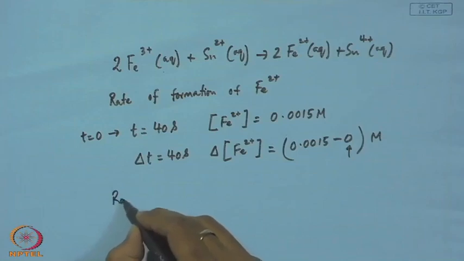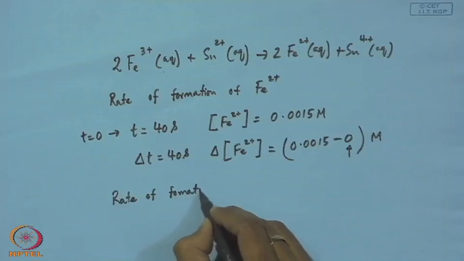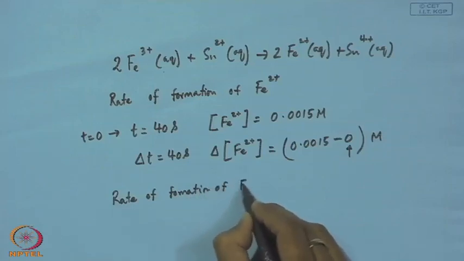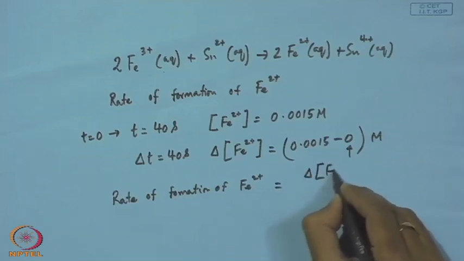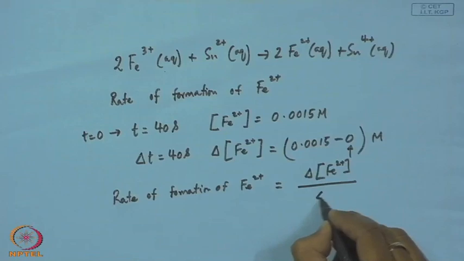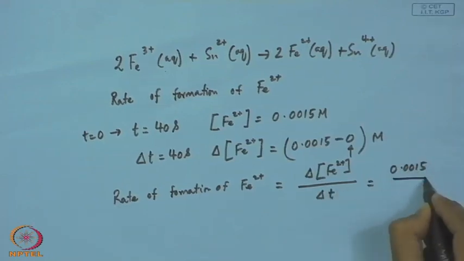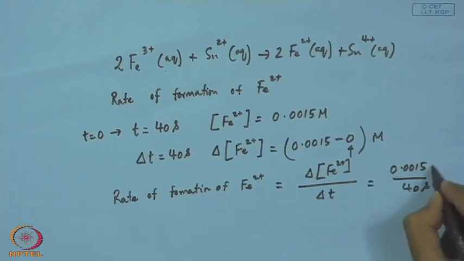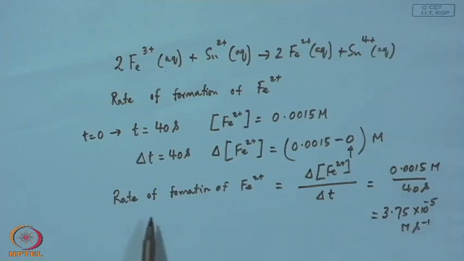So, the rate of formation of Fe2+ is equal to delta Fe2+ divided by delta t, which is equal to 0.0015 molar divided by 40 seconds, and this gives you 3.75 × 10^-5 mole second inverse. So, this way we can find out the rate of formation of Fe2+.